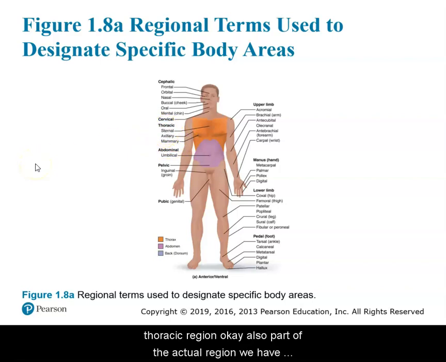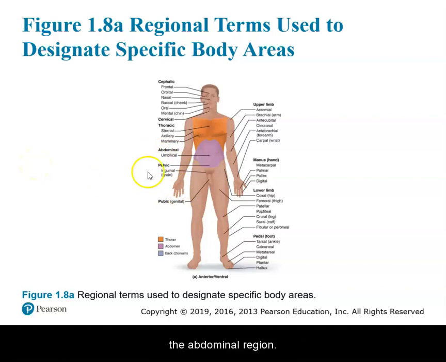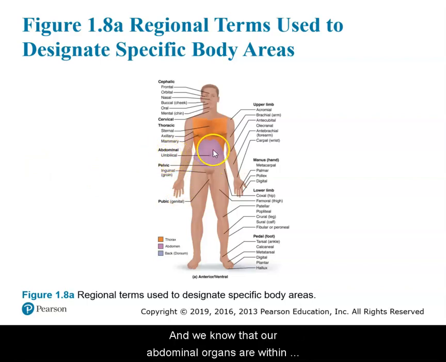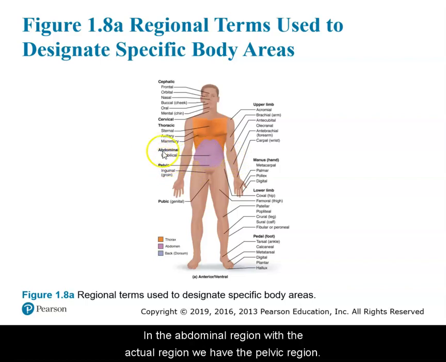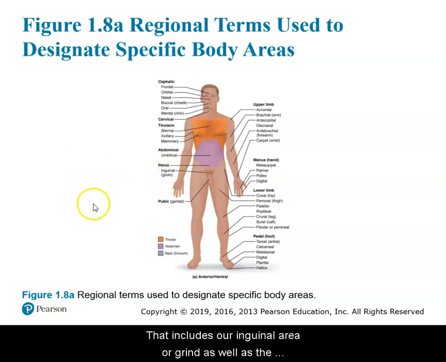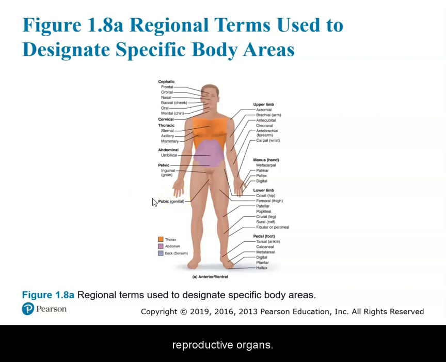Also part of the axial region, we have the abdominal region. And we know that our abdominal organs are within that abdominal region. Here we have our umbilical area or umbilical region within the abdominal region, where our umbilicus is, our belly button. Also located within the axial region, we have the pelvic region that includes our inguinal area or groin, as well as the pubic or genital region that includes some of our external reproductive organs.